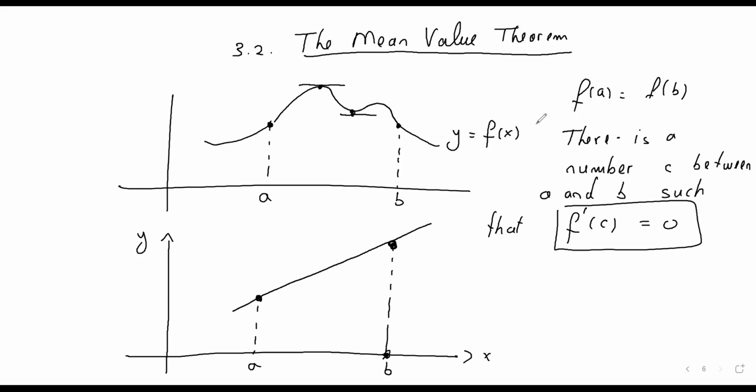Now, by the way, our function f is assumed to be nice, so it has derivatives and it's continuous and all that. So I'm not going to go into the specifics. I'm just going to tell you the intuitive idea. And if you have a function like that, what this theorem says, in general, is that there is going to be a point where the tangent is going to be parallel to the line connecting these two.